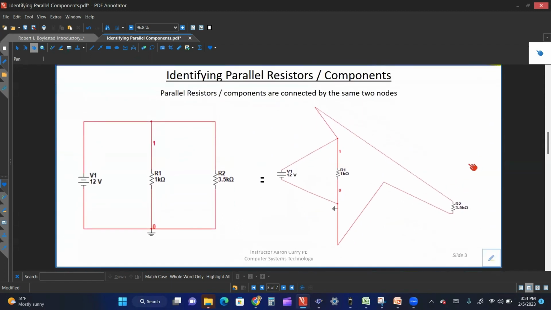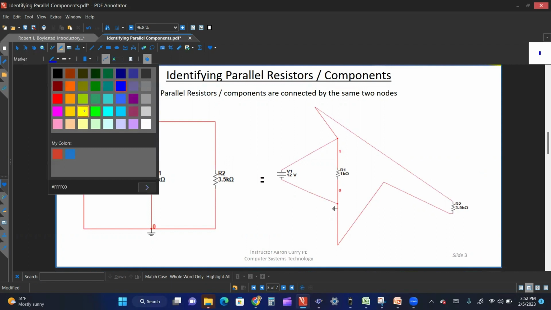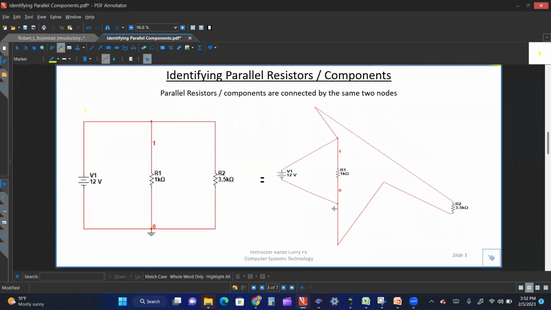This one on the right looks a little crazy, but it is the same circuit. So let's practice on this one. We're highlighting all the way up till we see a resistor. We can go this way, we still don't see a resistor, all the way until we get right there.